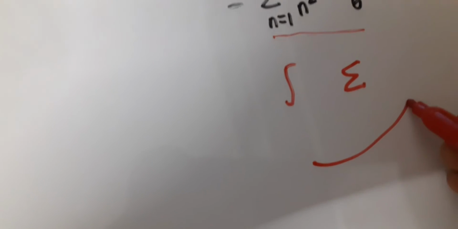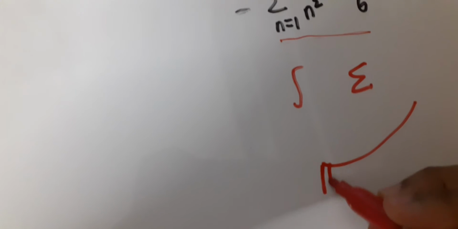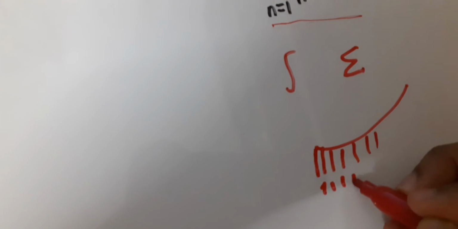So integration, if you have a graph, it will be these small segments of these. If we take these as quantized, meaning each step is 1, then they become sum to infinity.